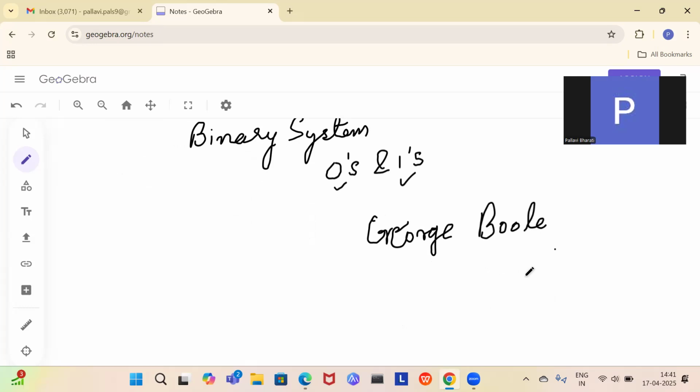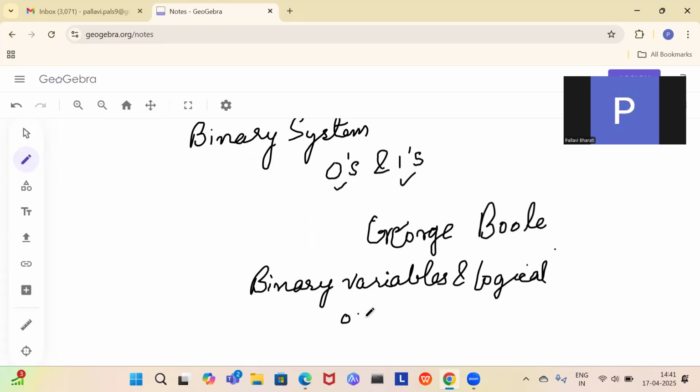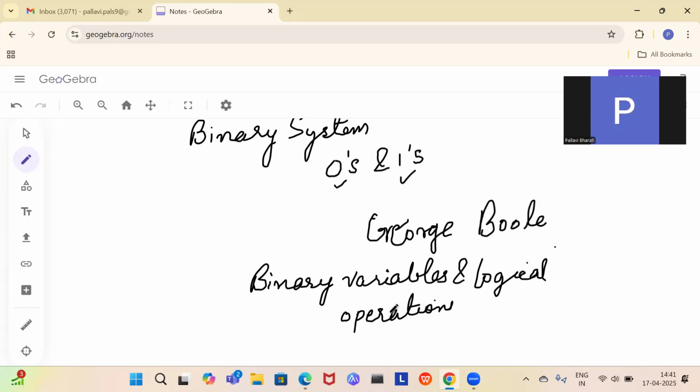This is concerned with binary variables and logical operations. This is the second point that you should keep in mind for any introduction to the Boolean algebra.